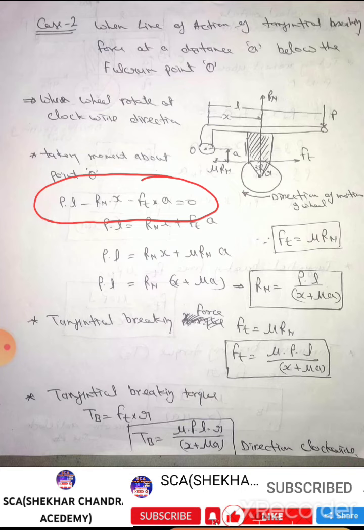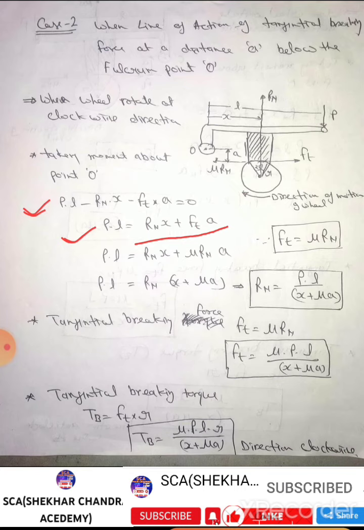Here we also know that Ft is equal to mu Rn. Always remember this in braking systems. This equation is simplified as PL equal to Rn into x plus Ft into a.